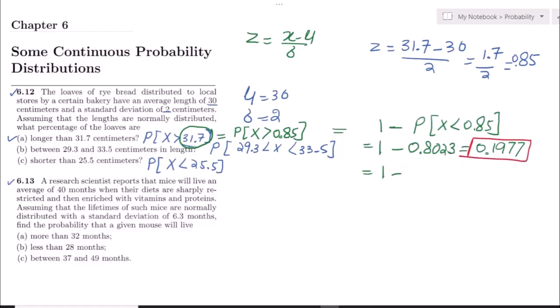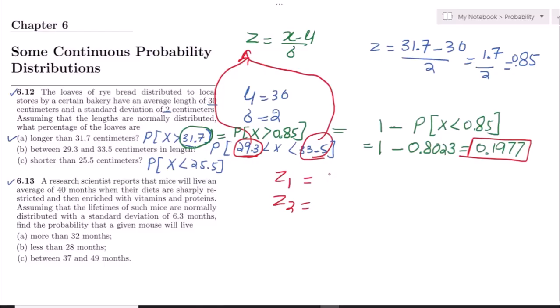So this was for part A, and now moving towards part B. Here the values of X are these. We have to convert them to Z by using the same formula, and there we will get Z1 and Z2, using X1 minus mu divided by sigma, and X2 minus mu divided by sigma.